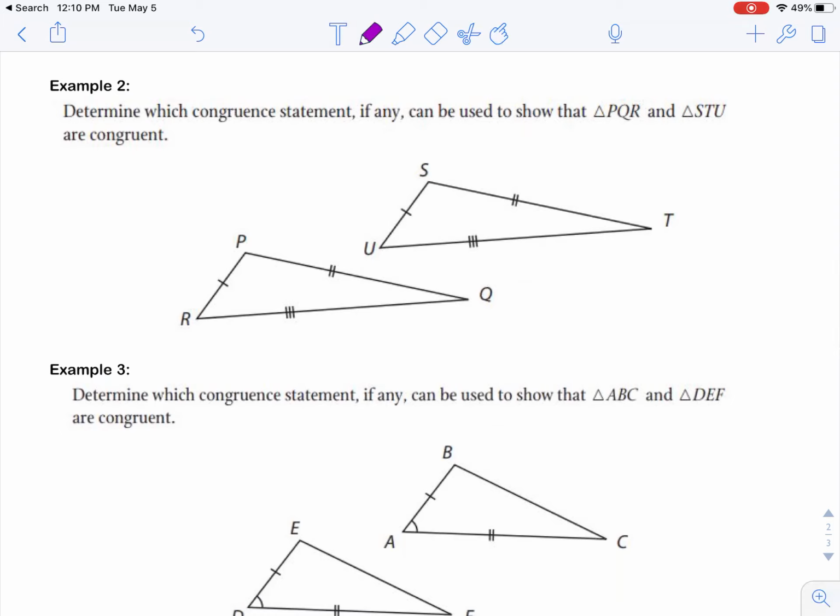It says determine which congruent statement, if any, can be used to show that triangle PQR and STU are congruent. Well, let's look at what the markings tell us. I have one set of congruent sides. I have another set of congruent sides.